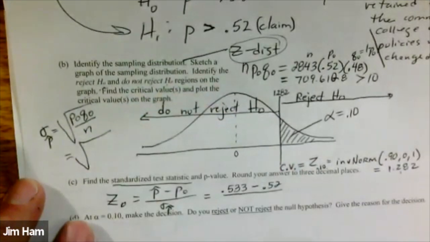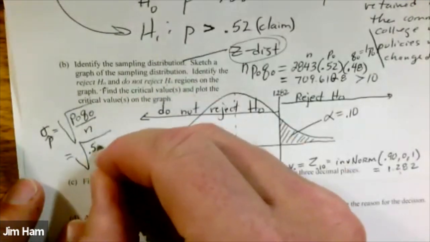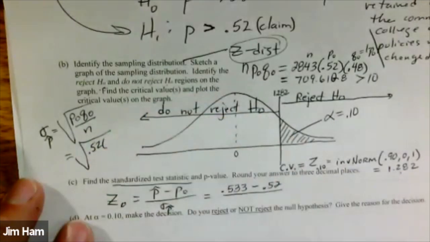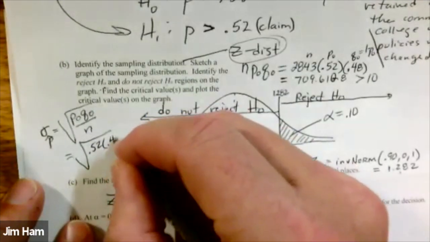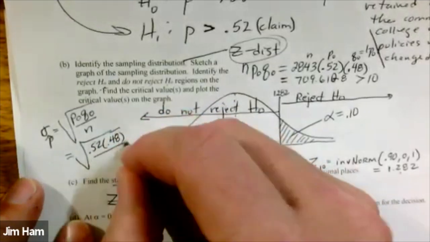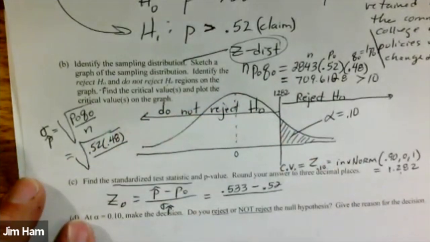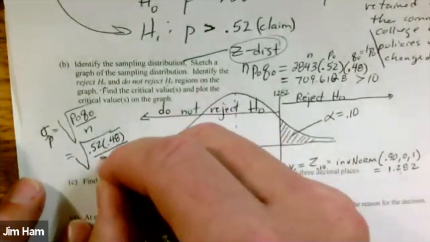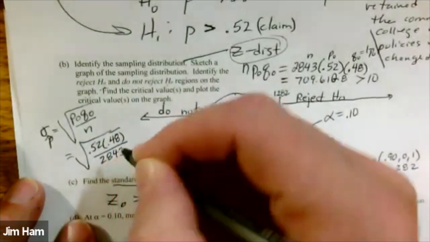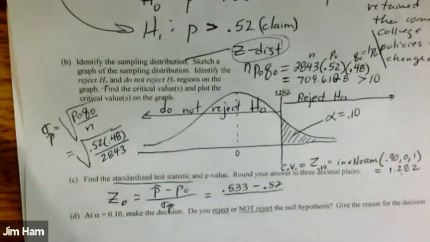So if we're going to use this one, it would be 0.52. And then 1 minus 0.52 is 0.48. And then we have to divide by the sample size in this problem, which is the 2843. So this is going to lead us to a very, very small standard error term.